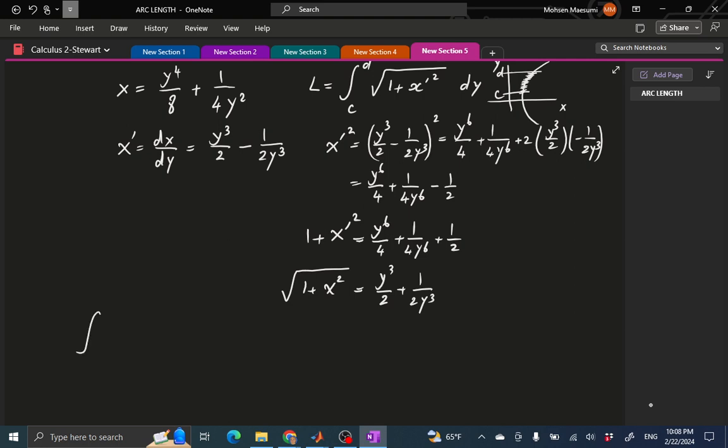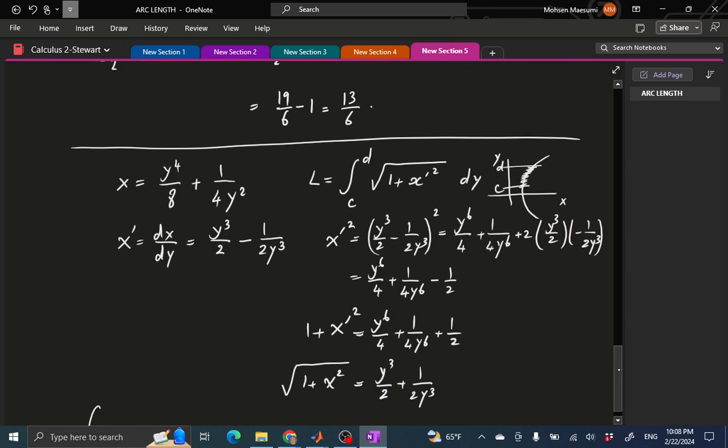So the integral, I forgot to write from where to where, y between 1 and 2.